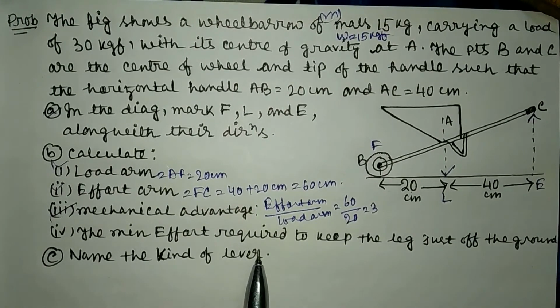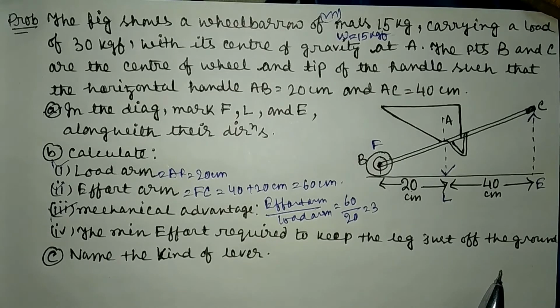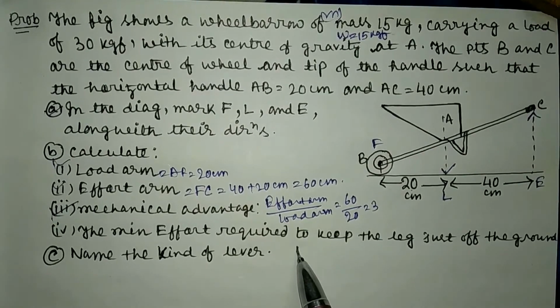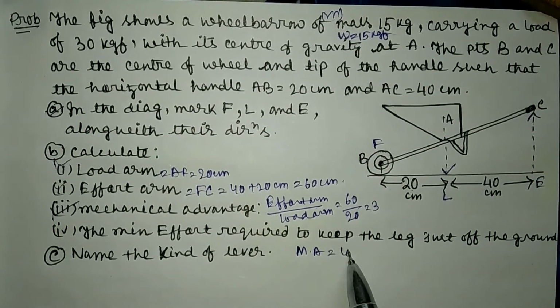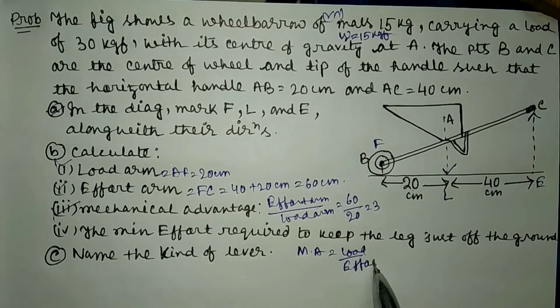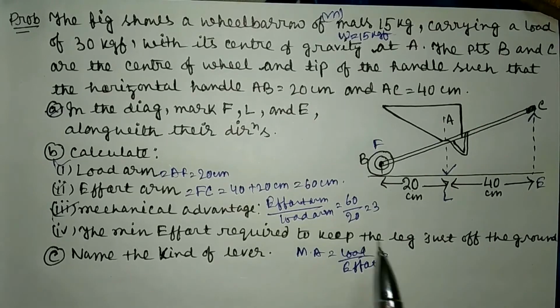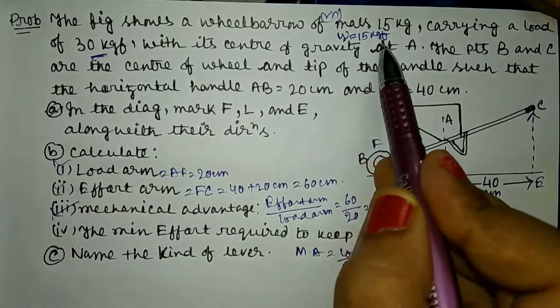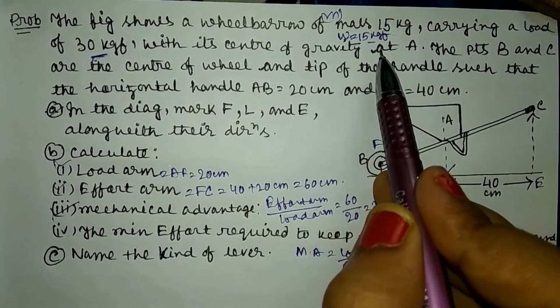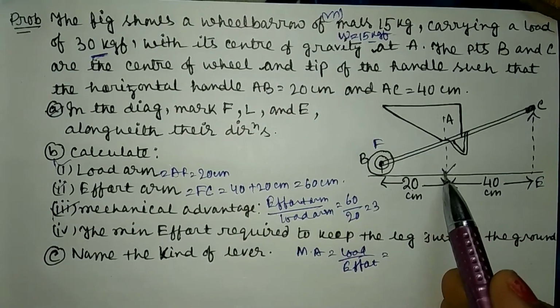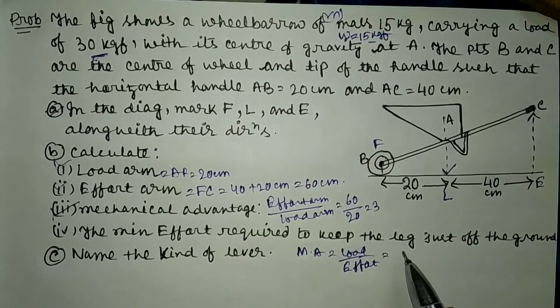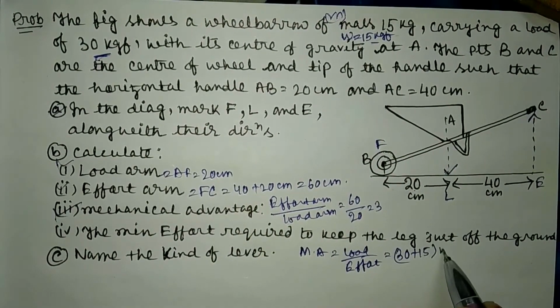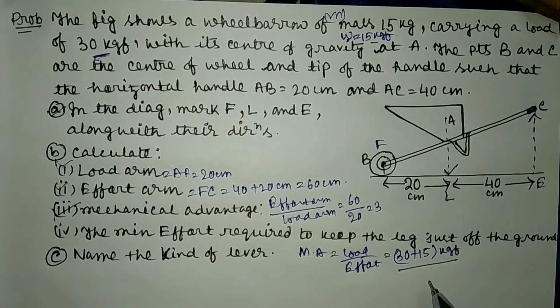Calculate the minimum effort required to keep the leg just off the ground. So, we know that mechanical advantage equals another formula, load by effort. Here, total load equals 30 kgf, that is the weight of the load, and 15 kgf, that is the weight of the wheelbarrow, which act across the point A. So, total load will be 30 kgf plus 15 kgf, equals 45 kgf, divided by effort.